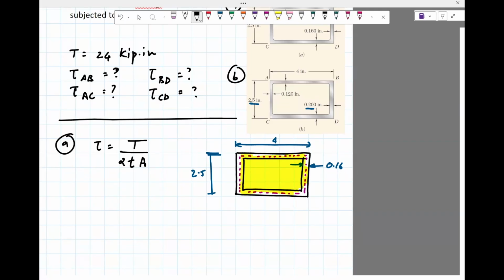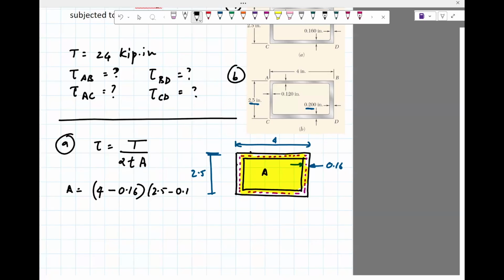Okay, so now the area is this. It's going to be 4 minus, so we need to take half of 0.16 here and half of 0.16 here, right? So 0.08, 0.08, it all boils down to 0.16. 2 times 0.08 is 0.16. And then 2.5 times the same thing: half of 0.16 up and half of 0.16 down.